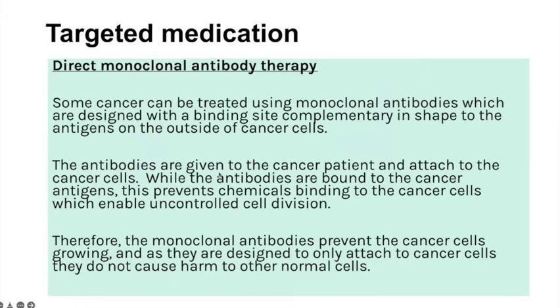While the antibodies are bound to the cancer cells, this prevents chemicals binding to the cancer cell, which will enable uncontrolled cell division. Therefore, the binding of these monoclonal antibodies prevent the cancer cells from growing. And as they're designed to only attach to the cancer cells, they're not going to harm any other normal cells.